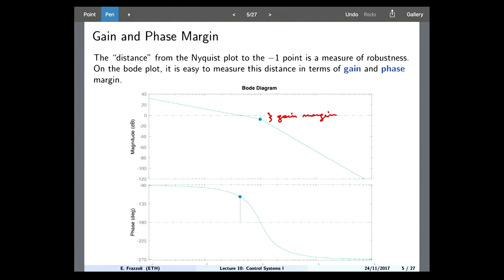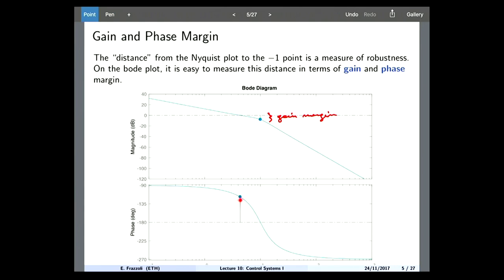Okay? You understand that on the Bode plot, if I increase the gain, what happens on the magnitude plot? If I just multiply everything by k, I just shift the magnitude plot up, or down if I divide by k. Okay? So that's the gain margin. What is the phase margin? Well, what I look at is where my magnitude is 1, where I cross the 0 dB line, which is here.